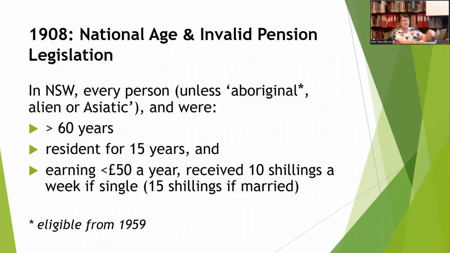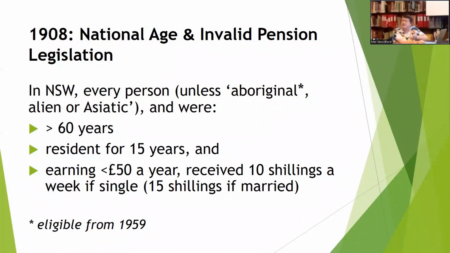Now, a whole 50 years later was when Aboriginal people were eligible to apply for a pension. But the thing is, many of them did not understand English. English was not their first language. They weren't allowed to be nomadic. And so a lot of the Aboriginal people were mustering, for example. Some of them didn't even know their date of birth, so they had no idea really how old they were.